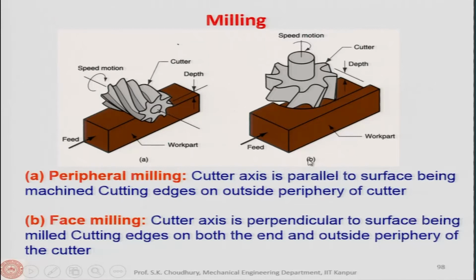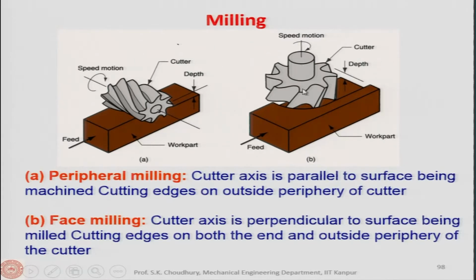Another milling process is face milling. The difference between peripheral milling and face milling is that here, first of all, the cutter axis is perpendicular to the surface that is being milled, and the cutting edges are at the face, which is not visible.